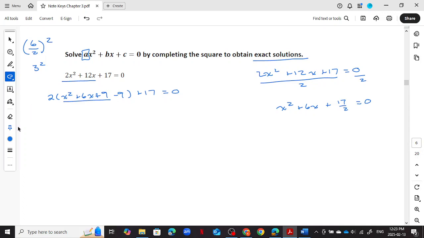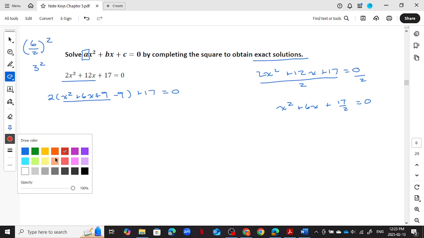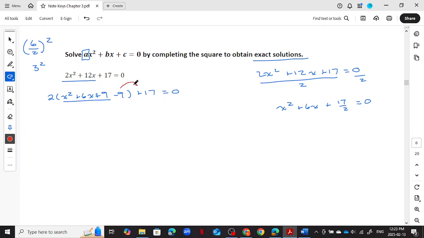Step 4 is a step we haven't had to do yet. It's called pay the toll, which is that you don't want the -9. The -9 is not part of the perfect square trinomial. So you're going to take it out of the bracket by multiplying it by the 2. So the thing that's keeping it in the bracket is this multiplying by 2. So you can pay the toll and get it out.